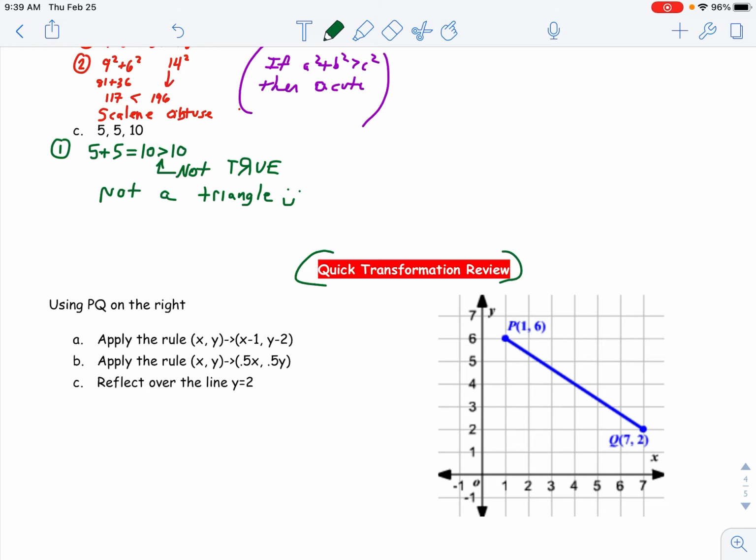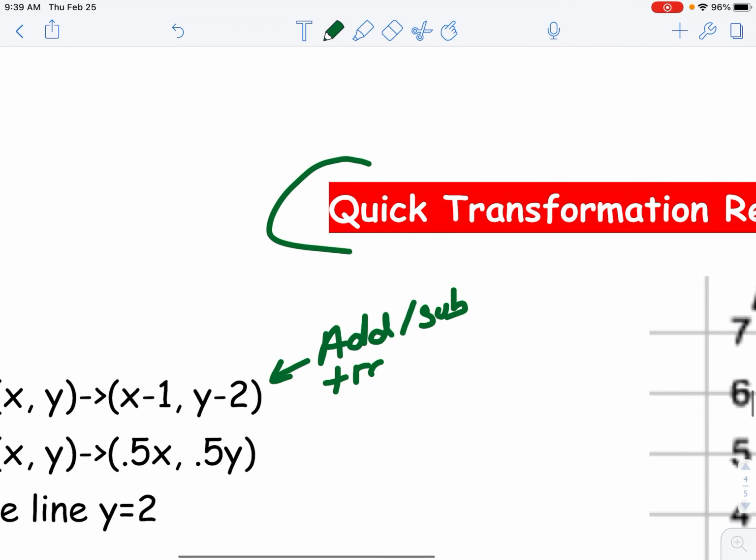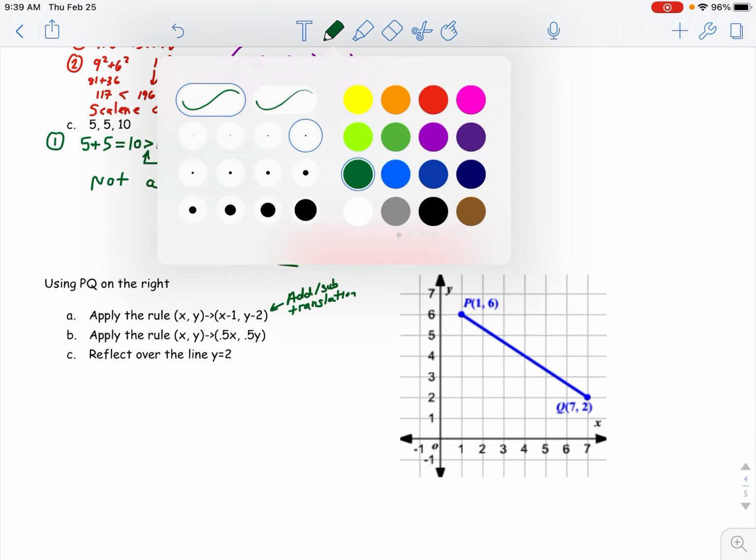So we're going to apply the rule (x, y) arrow (x minus 1, y minus 2). A quick review: when you see a coordinate rule with addition or subtraction, that's a translation. Translation is addition and subtraction. So to do this first one, we're going to go left 1, down 2.